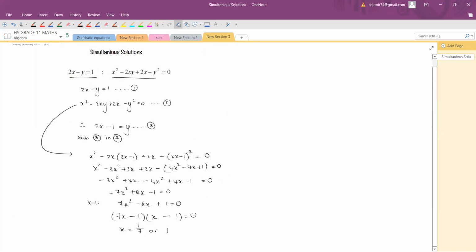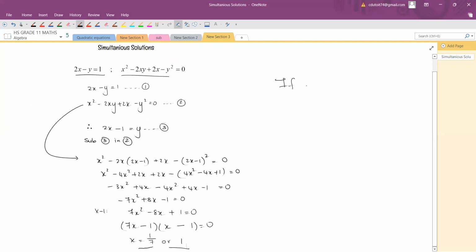Okay, now there's 2 values for x, and therefore there will be 2 values for y. If x equals a 7th, then look at this equation here. Then y will be 2 times your x value minus 1. That you can just do in the calculator.